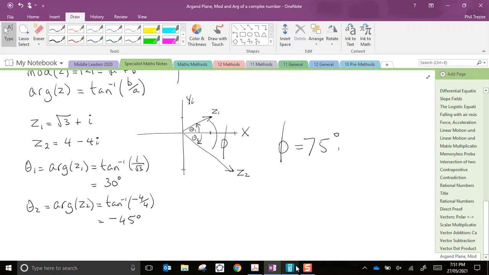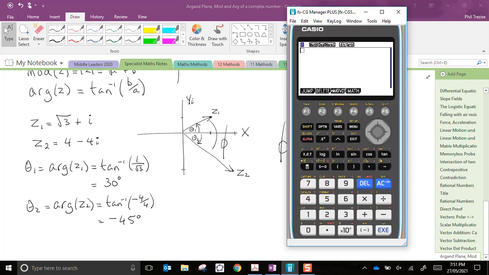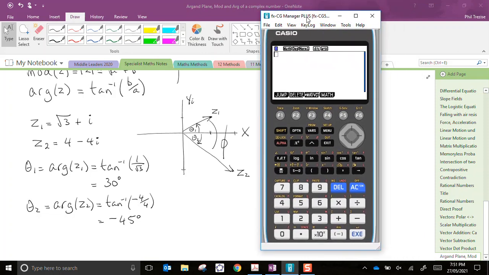Now, I wanted to show you on the CG50 how we could do this. The CG50 can operate with complex numbers. So if I go options, then under the complex menu, I have here the argument. So I'll write argument, then I'll put my first complex number, root 3 plus i.